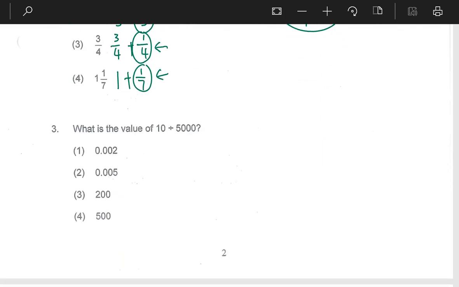Question number 3. Now you have 10 divided by 5,000. If you can remember what we learned in primary 5, you split the divisor into 5 and 1,000. So we have this equation, 10 divided by 5 divided by 1,000.